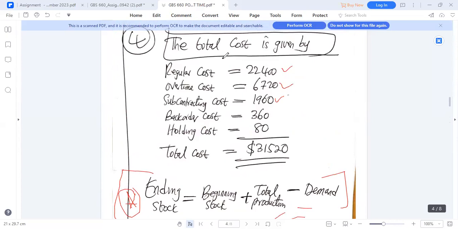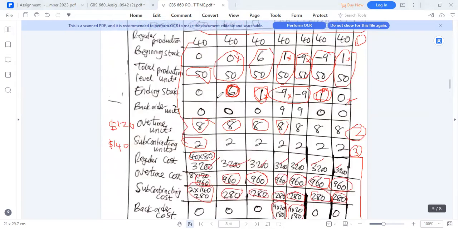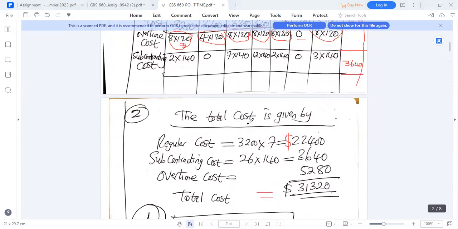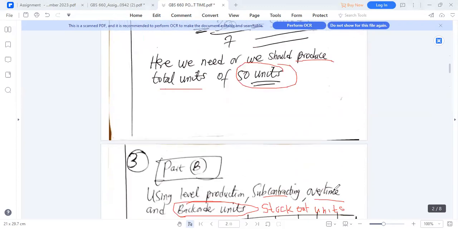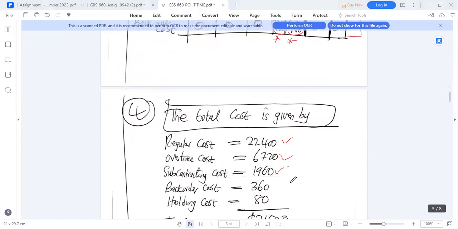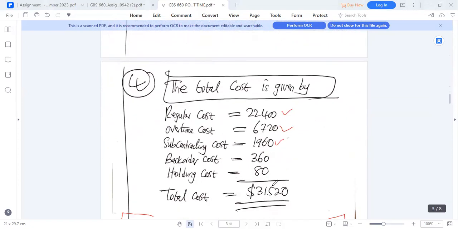For now, we've done the review of question number 1 in terms of the cost allocation, why we found these costs, how we got this cost here, and how we got the cost of the other strategy, which is the level strategy. So for the second one, the level strategy is 31,520.